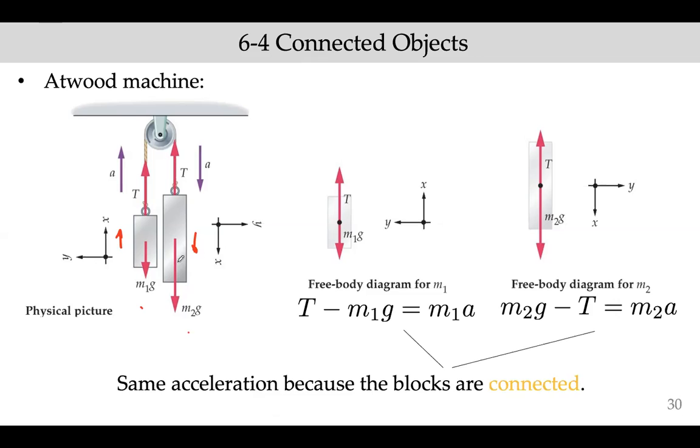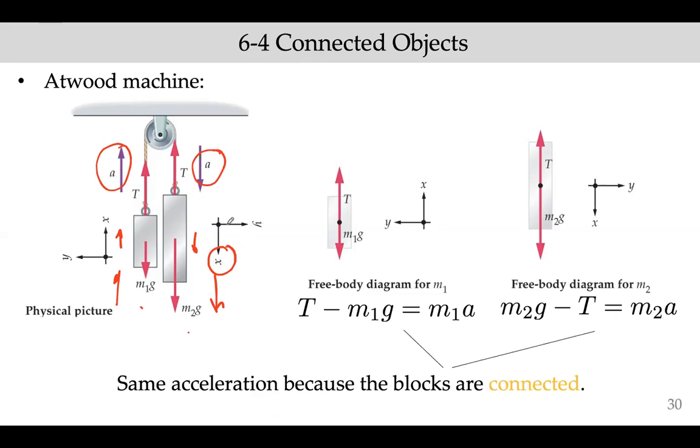So if you find the acceleration direction, we know that this is going to accelerate clockwise, if you want, which means this will go down and the other one is going to go up. Once you find the acceleration direction, now you can put your coordinate system in a way that the positive x-axis points in the same direction as the acceleration.